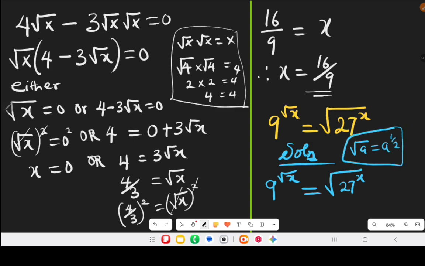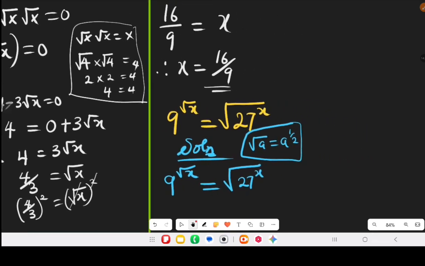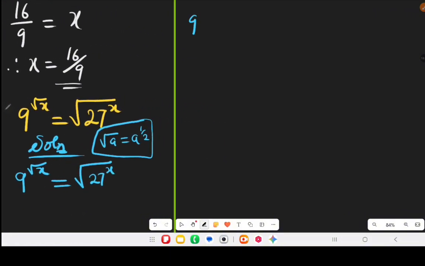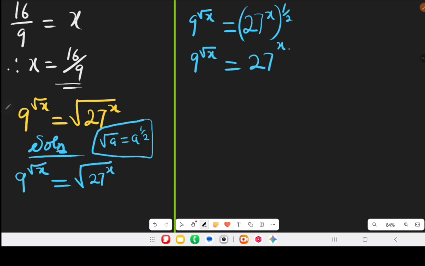If this is true, 9 raised to the power of root x is equal to 27 raised to the power of x, all raised to the power of 1 over 2. If we multiply out, we have 9 raised to the power of root x equal to 27 raised to the power of x all over 2.